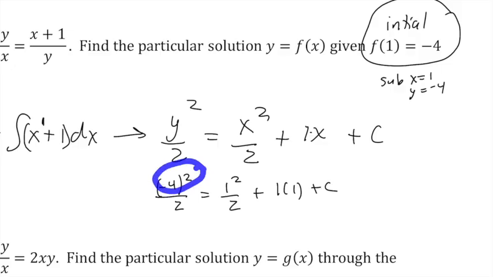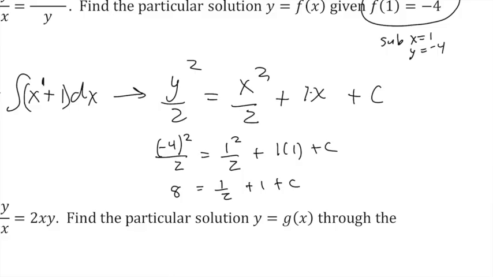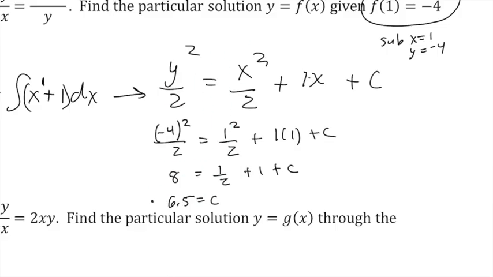So here you're going to get 16 divided by 2, which is 8, equals 1/2, plus 1 plus c. And then if I get c by itself, subtract 1/2, and then subtract 1, so that's going to give me 6.5 is what c equals. And if I converted that into a fraction, that would be 13 over 2.